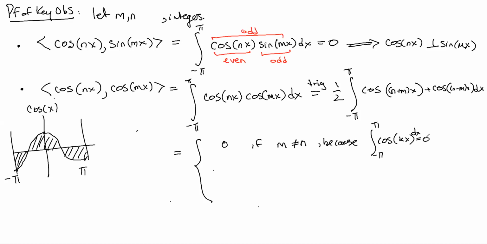But if m is equal to n, then what happens? Any thoughts? Okay, you get pi. That's right. If m is equal to n and not 0, you get pi. Let me just write the answer.